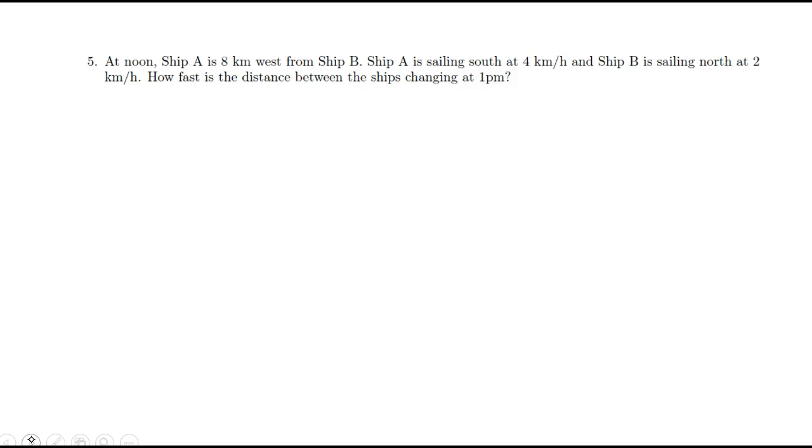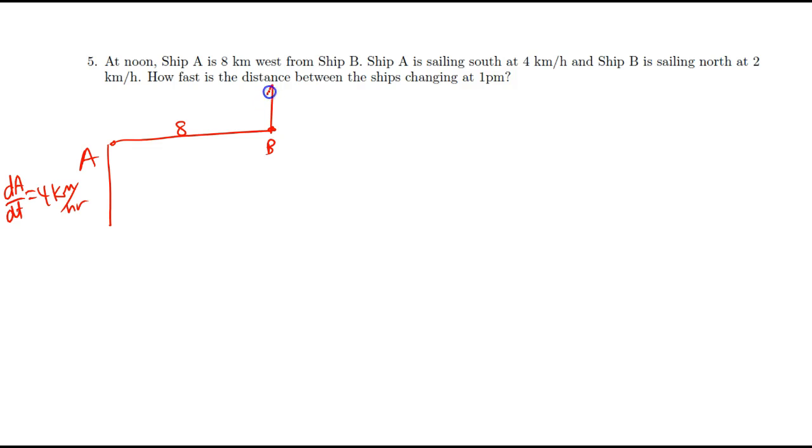All right, so at noon, ship A, here's A, is 8 kilometers west of B, so this is 8. Ship A is sailing south at 4 kilometers per hour. That means A is traveling with respect to time at 4 kilometers per hour.